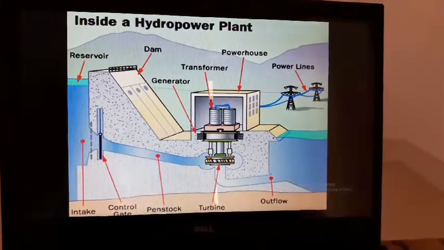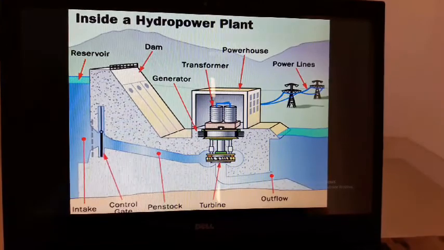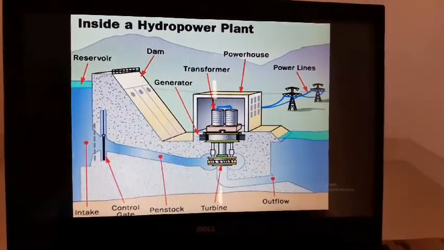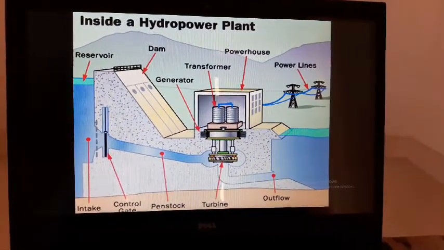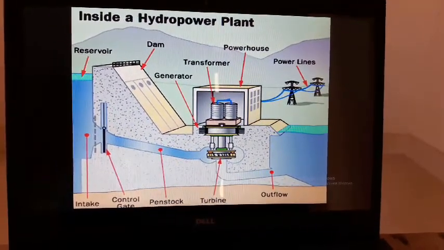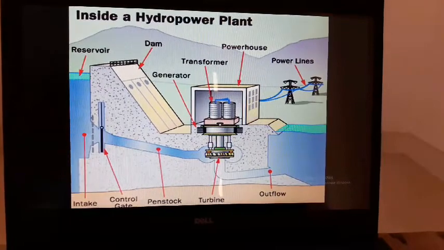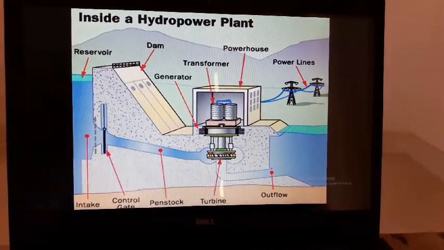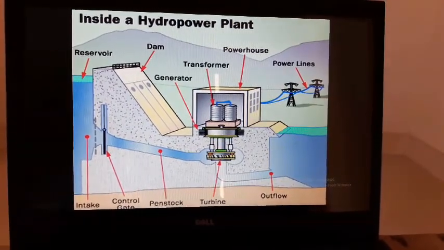Afterwards, water after striking the vanes of the rotor is discharged to a reservoir which is made at the tail race. This discharged water may be used for various other purposes.